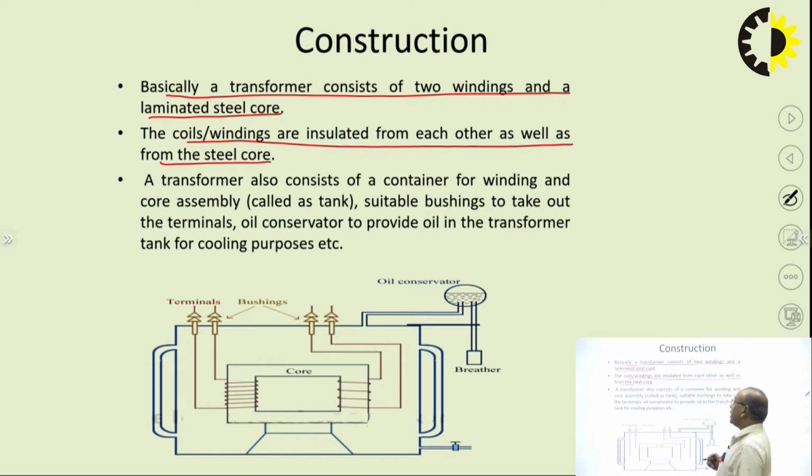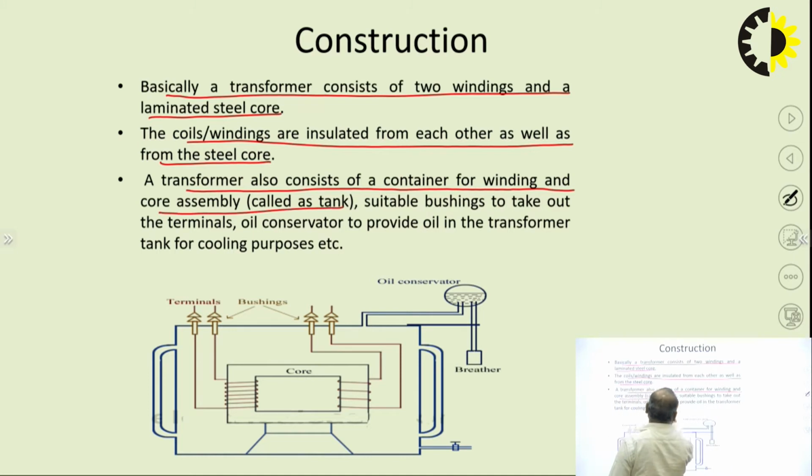That means insulation is put on the coil or winding. A transformer also consists of a container for the winding and core assembly, known as the tank, suitable bushings to take out the terminals of the windings, and an oil conservator to provide oil in the transformer tank for cooling purposes, etc.